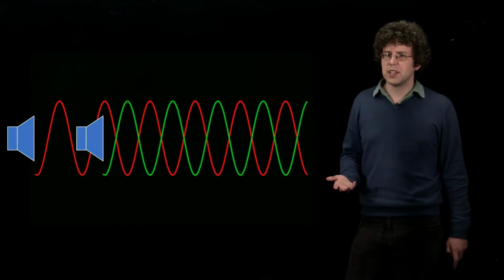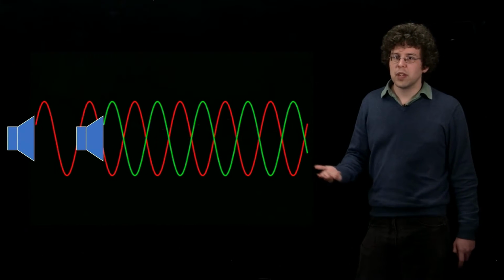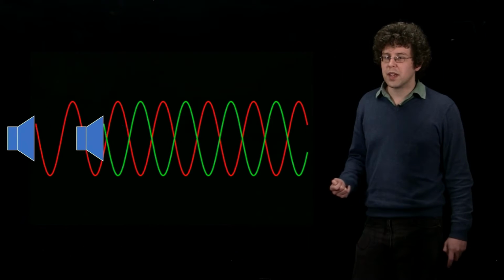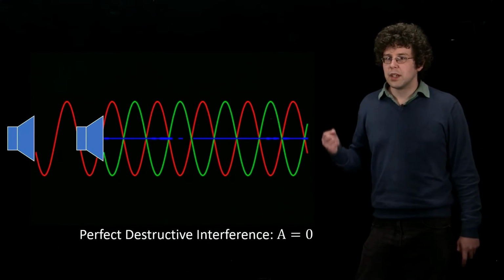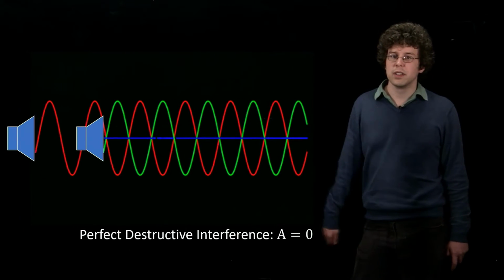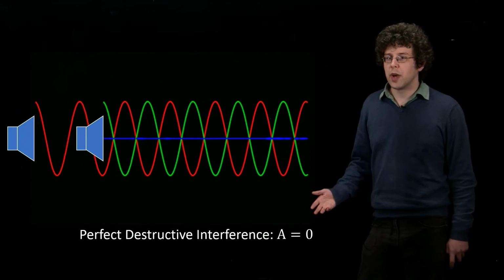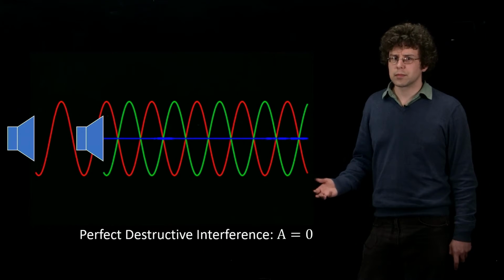So if we add these two together, what will we see? Well, whenever there's a peak from one, there's a trough from the other, so they're going to cancel each other out perfectly. And so we call this perfect destructive interference. And the amplitude of our resulting wave is going to be 0.